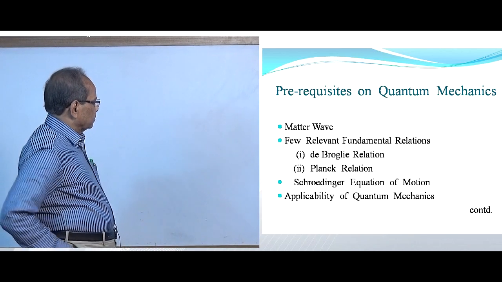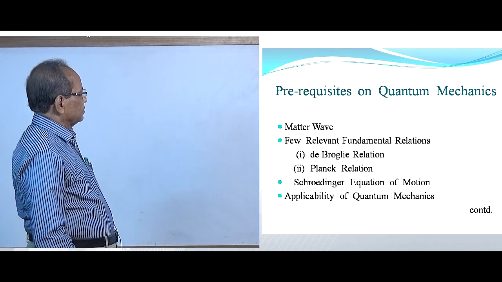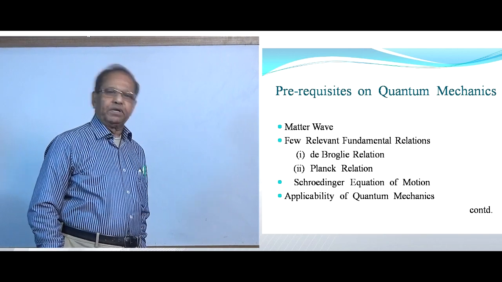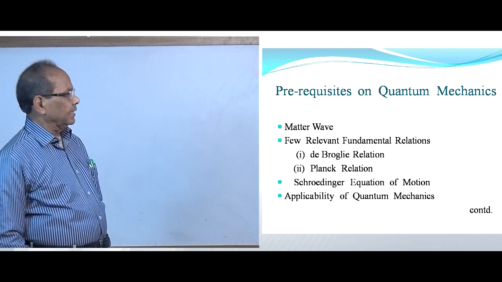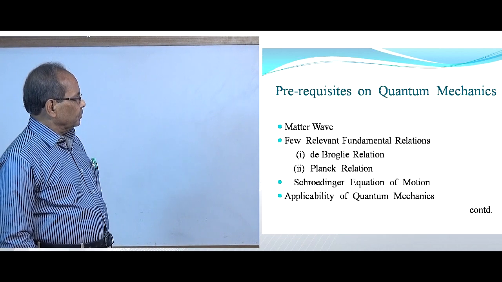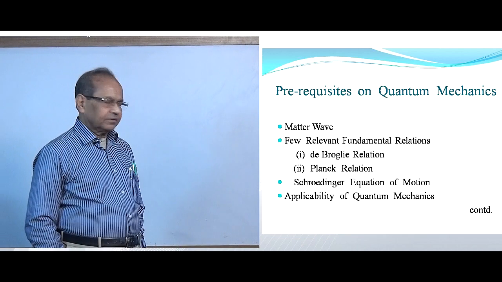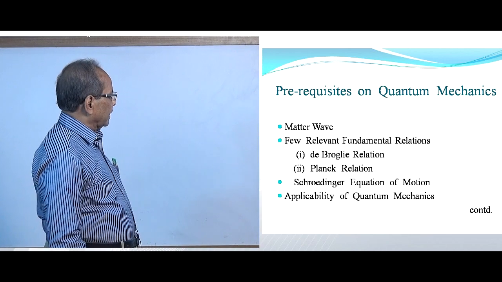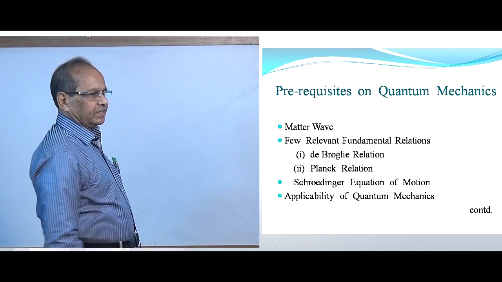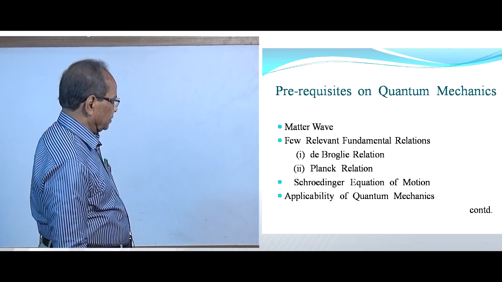And also, I discussed some prerequisites on quantum mechanics, because I felt that it is really necessary to have a basic knowledge of quantum mechanics in order to understand the physics of nanoscience and nanotechnology.